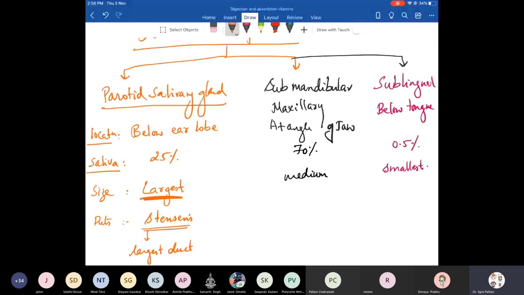Next duct, Wharton's duct, is the large one and this is the largest.